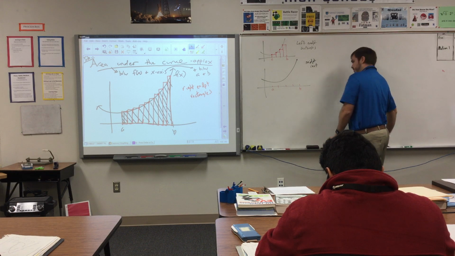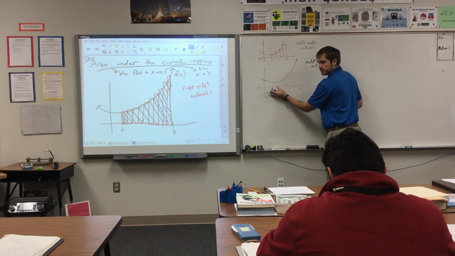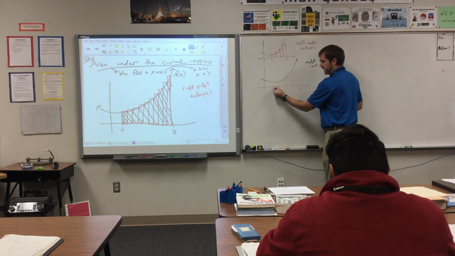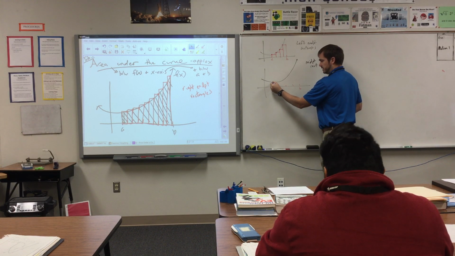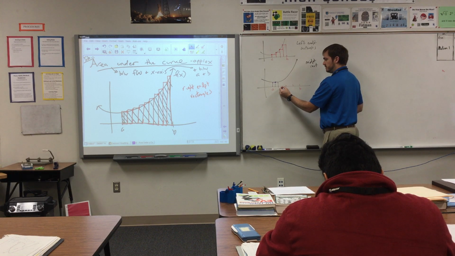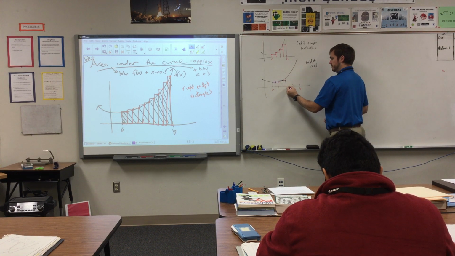So what you do with the midpoint rectangle is you find the midpoint between the edges of your rectangle, and that's the guy that goes up. So you go and you go across like that. Here's the midpoint. There's the midpoint.